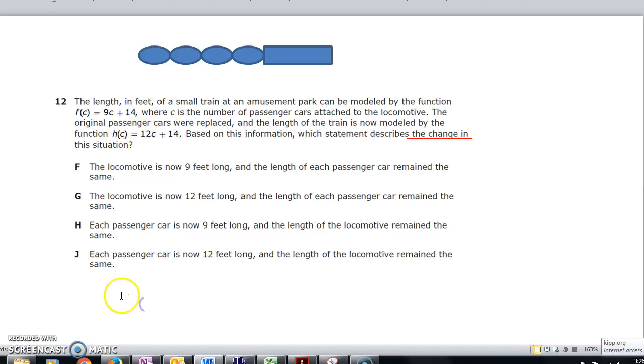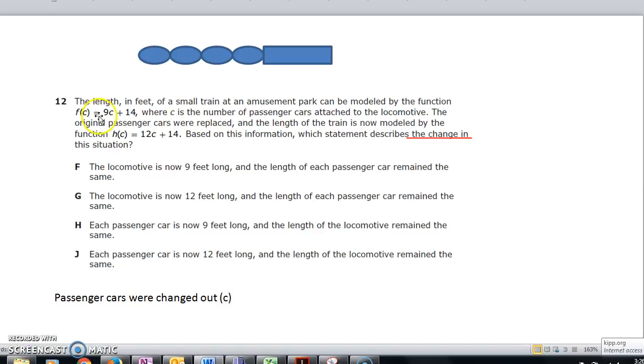So what changed? Let me write this down because I need to remember this. What changed was the passenger cars were changed out. And back in the problem, passenger cars is related to the variable c, which is the number of passenger cars. So something is happening with c.